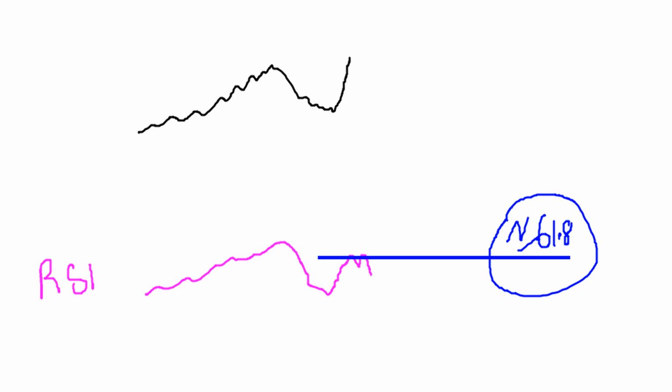In this example, though, I want to emphasize being on the lookout for uniform action combined with negative divergence, where we have prices wanting to move higher or moving higher. At the same time, we see a decline of the RSI, and more importantly, we have uniform activity rejection around the 61.8 level.